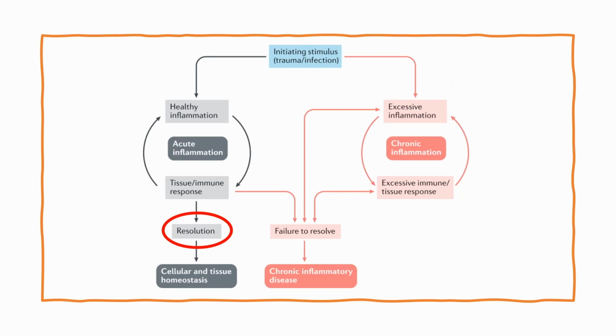So the inflammation is resolved and everything goes back to normal. It's only when we fail to resolve this inflammation that it becomes a chronic inflammation. Unfortunately, when there is chronic inflammation, any inflammatory responses will become excessive, and therefore it will result in tissue damage.